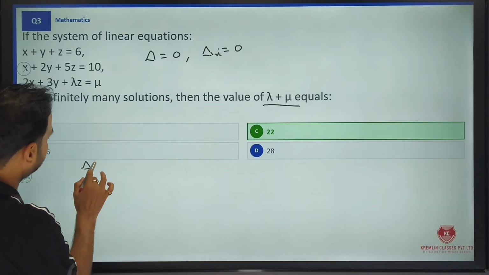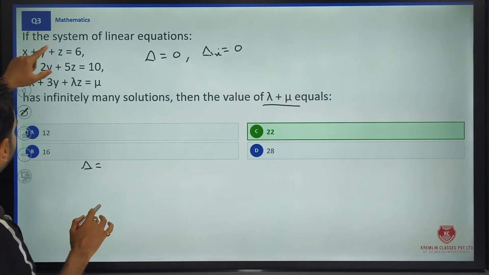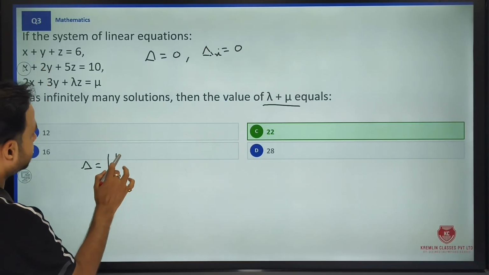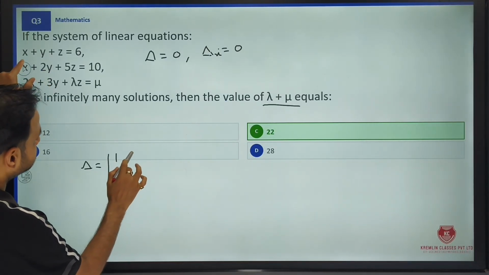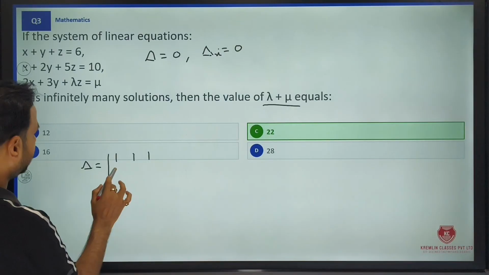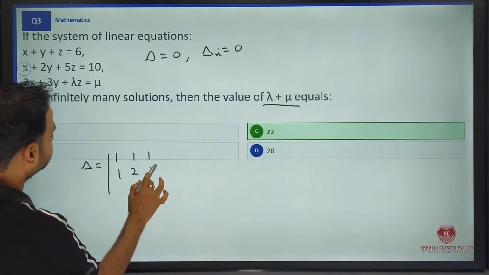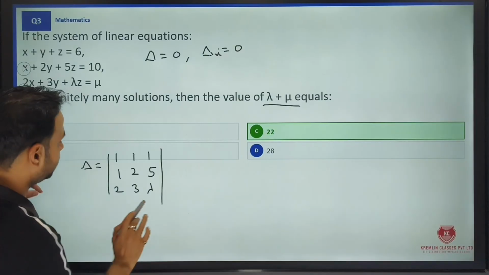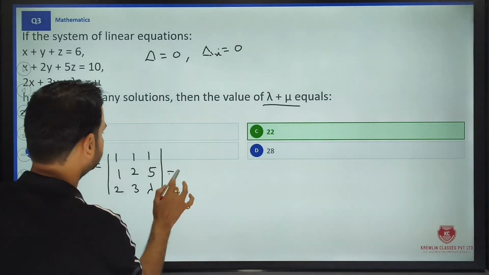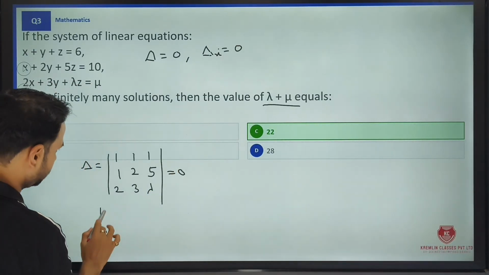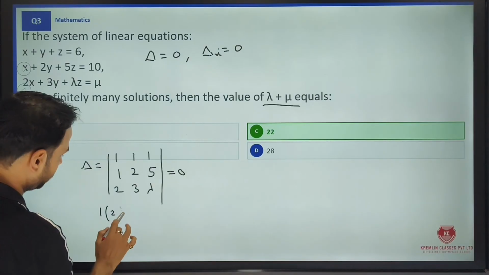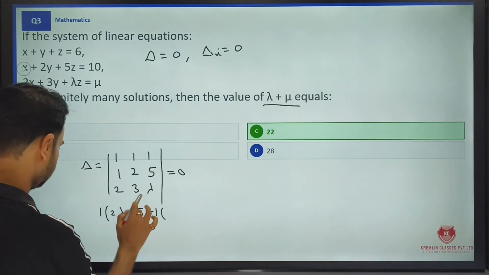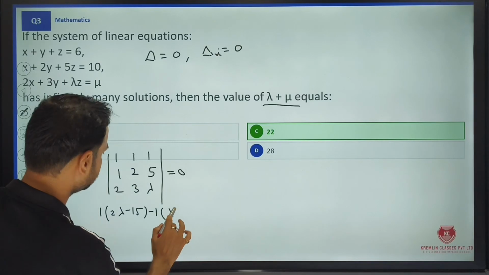Let us find the delta. How can we find the delta? Delta is the determinant of all the coefficients of x, y, z. So in this, the first row x coefficient 1, y coefficient 1, then 2, 5, 2, 3 and lambda. This should be 0. So I am solving it, 2 lambda minus 15 minus 1 lambda minus 10.